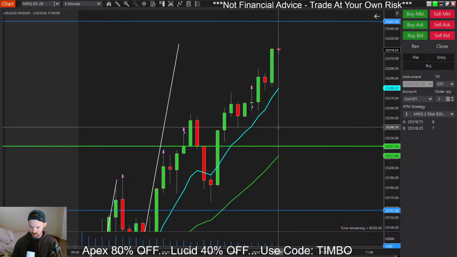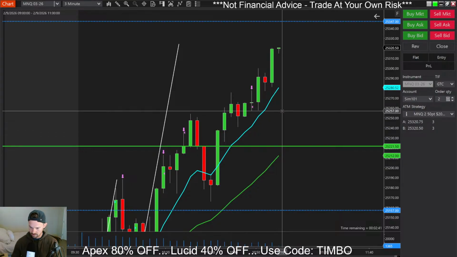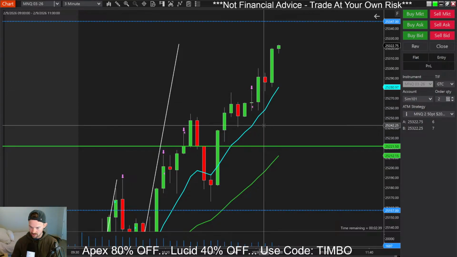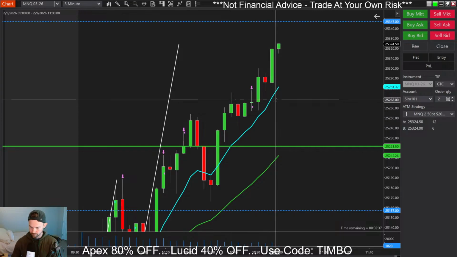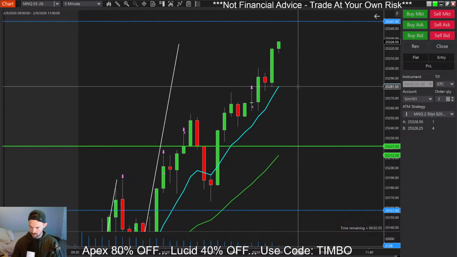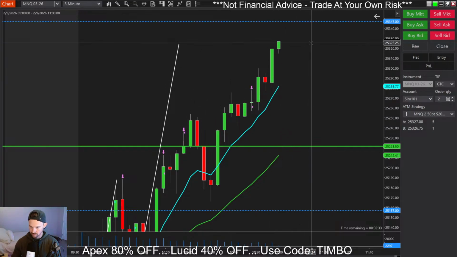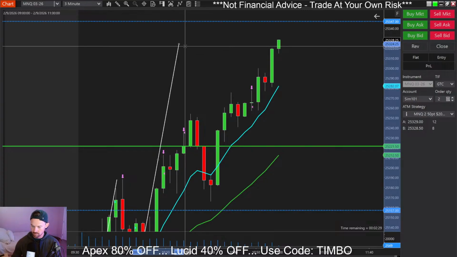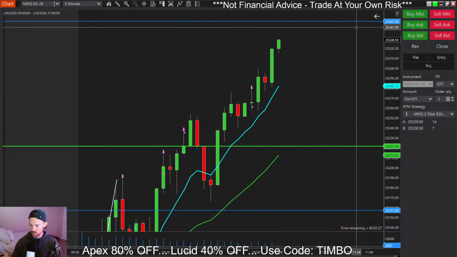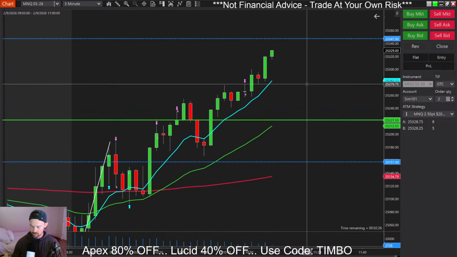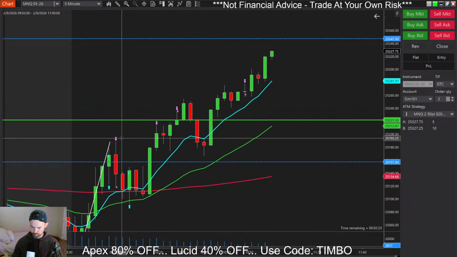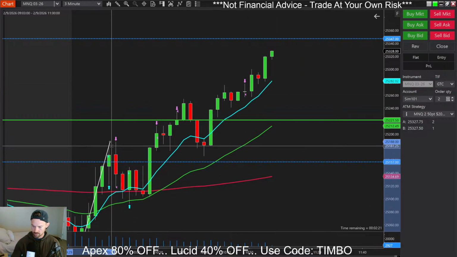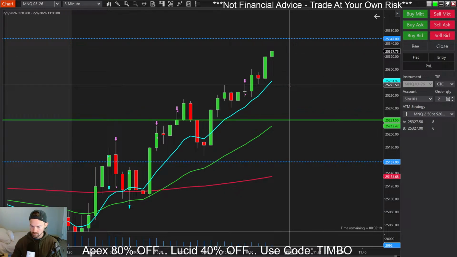Because if I had just trailed the 3-minute candles after it makes a new high on the previous one, I would still be holding this. Alright, so nice push up here on NASDAQ. Would have got my target on that measured move from the morning.